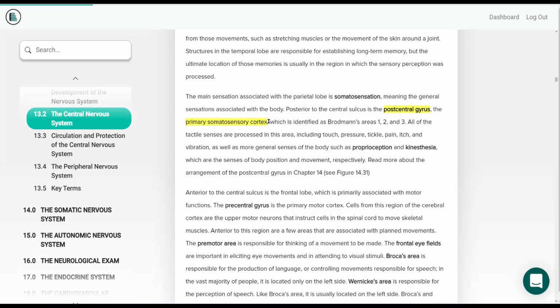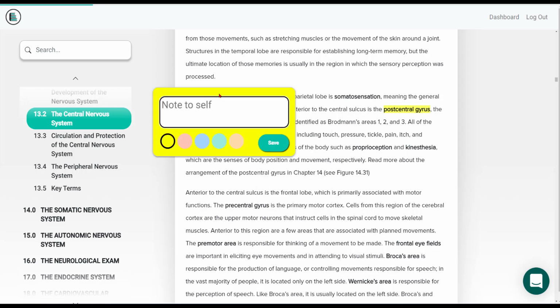You'll also see this region called the sensory strip.